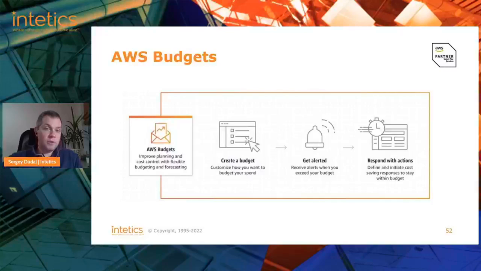Also, the AWS Budgets service works with forecasted values, so we can configure it to send a notification even if the forecasted value becomes higher than our defined budget.